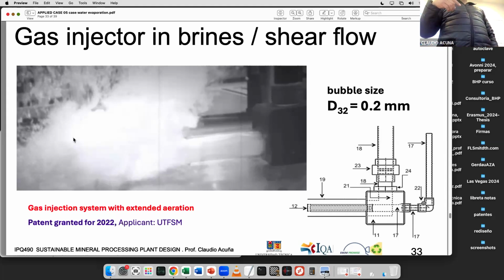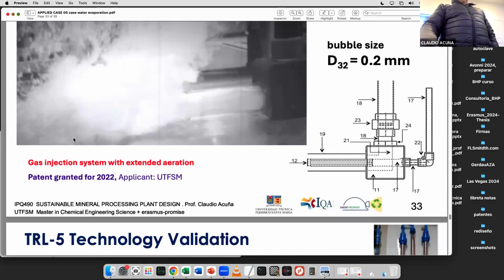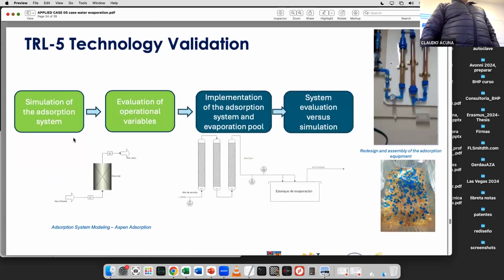It's very likely in very saline solution we will not use it because it already has a lot of salt and works as a surfactant. But in the case it's not that high, we can use this because you saw in the video, remember? Like smoke, very small bubble size.